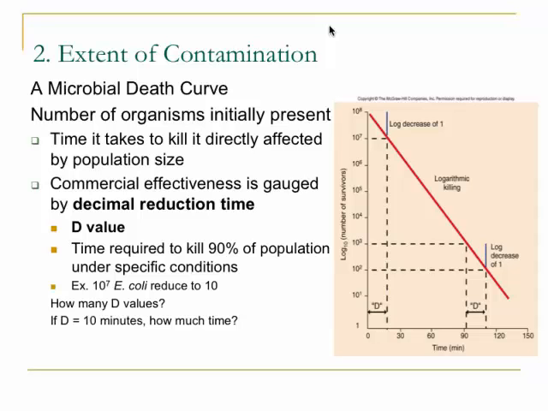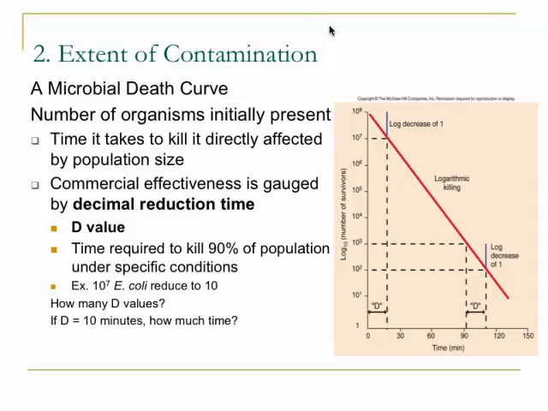Any time that you go down one log order, so here they're measuring 1,000 reduced to 100, the difference between that one log value, one D value, is about 20 minutes in this case. That's going to be different for each organism that's measured, as the slope of each is different.